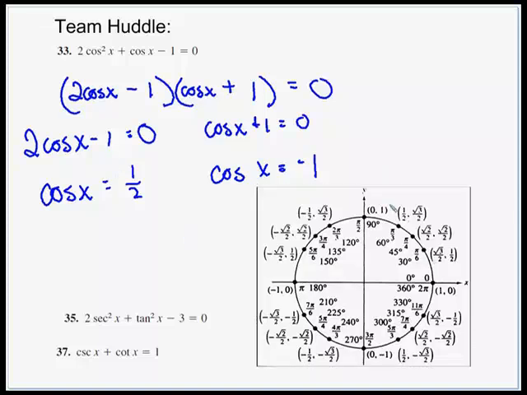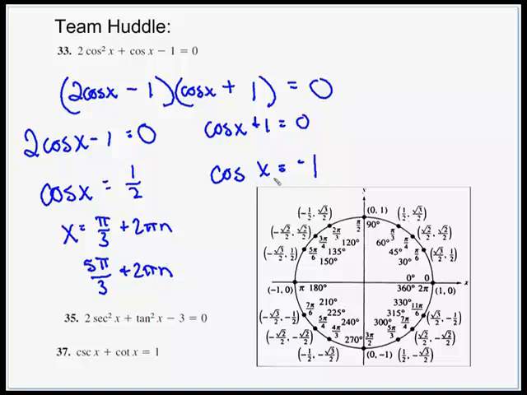Cosine is 1/2, that's our x value, so that's here at pi over 3, and also down here at 5 pi over 3. So pi over 3 and 5 pi over 3. And because we're equal to the positive 1/2, that'll be plus 2 pi n after each, laps around the unit circle.